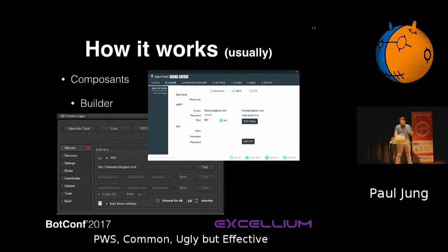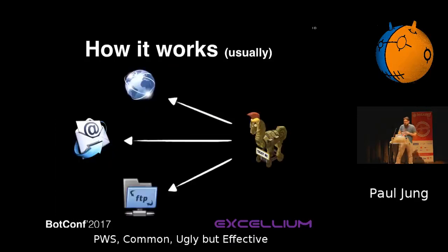Now, how does it exfiltrate? It's usually the same thing. You have 3 channels: FTP, email, and HTTP. I work in Luxembourg, in a firm which works for banks and insurance, and never, ever do you have direct access to an email server or FTP server.